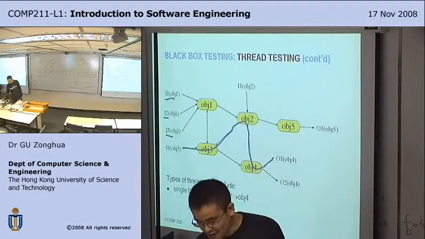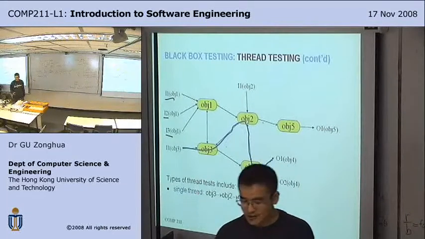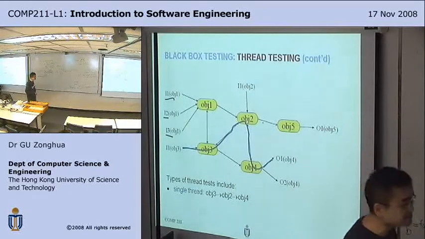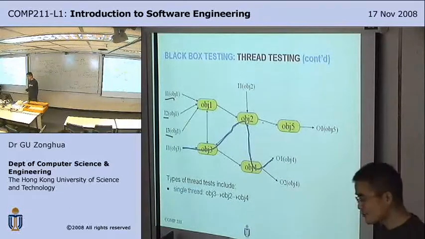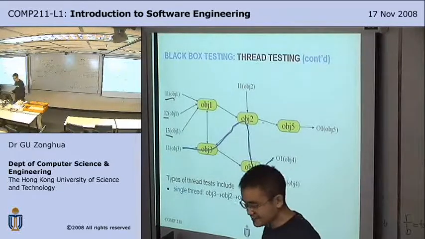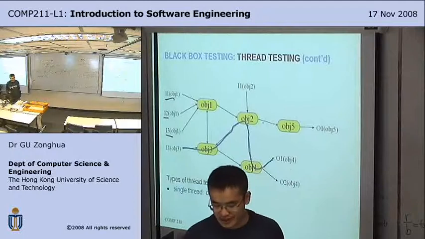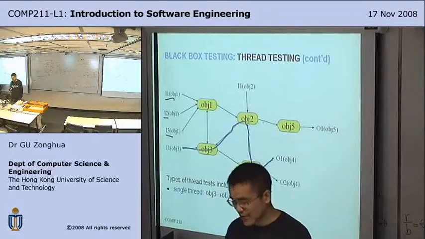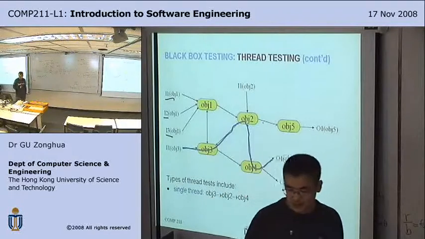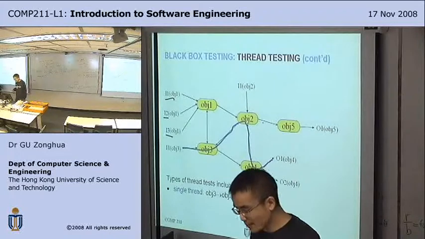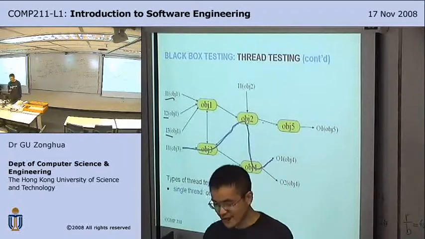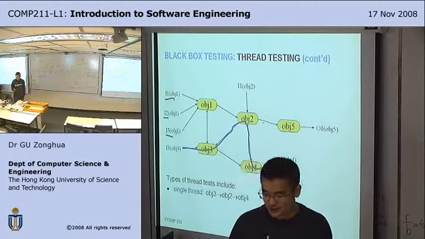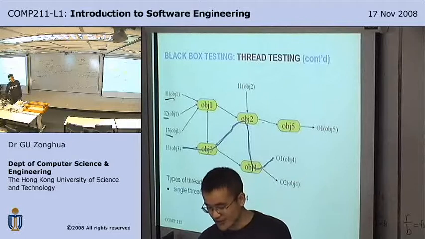So this is a thread. You can think of the object as passive, sitting there, a thread as the active entity, invoking the methods of the objects. So you can imagine a thread as meandering through the maze of objects, invoking different objects' methods, and eventually finishing with final output.